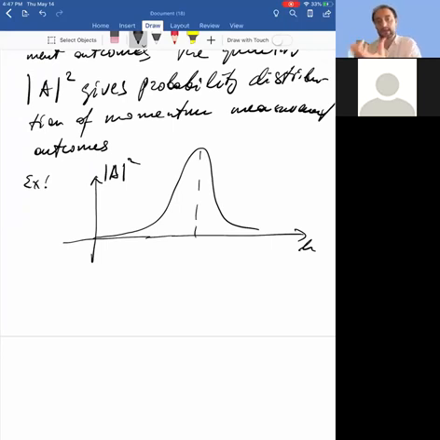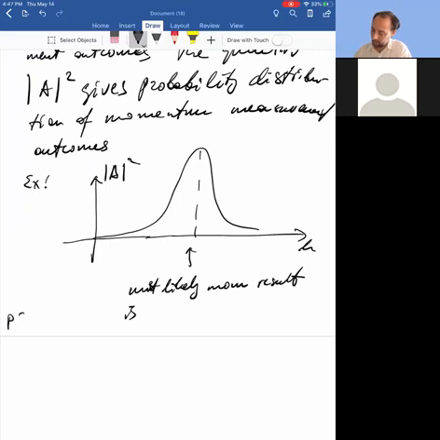So what's the most likely value of momentum? This is the most likely momentum result. Remember p equals h bar k, so this is k naught, and the momentum is h bar times k naught.